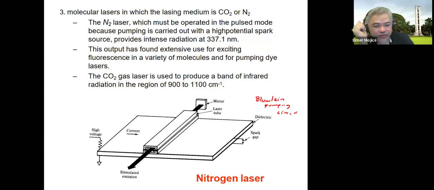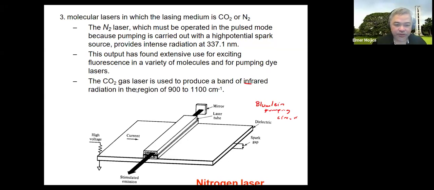Now, the carbon dioxide gas laser is used to produce a band of infrared radiation in the region 900 to 1100 wave number. Okay, so if you're going to look at this laser, once upon a time, it was the most powerful continuous laser available because the output power is several kilowatts.